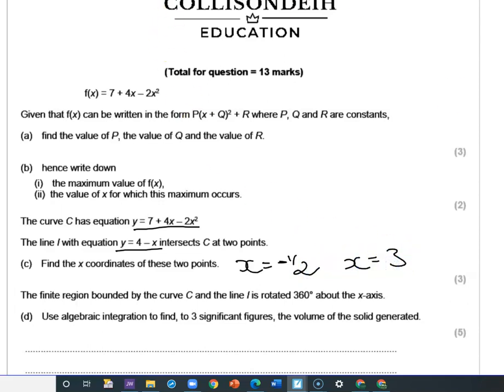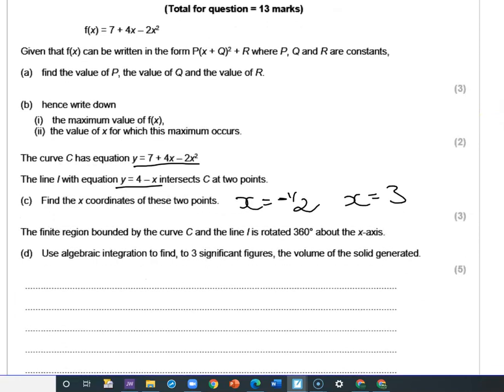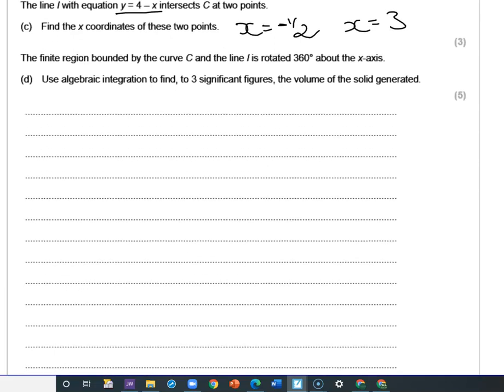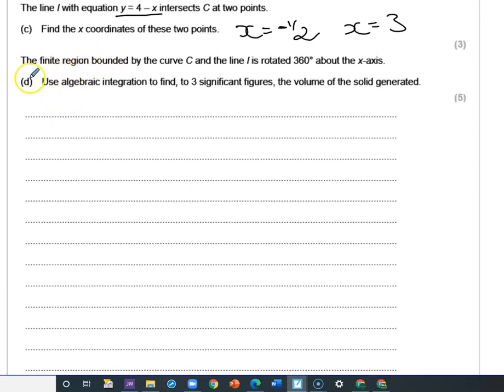Now, something special is happening in part D of this question, which is what this video is going to focus on. We are meant to work out the finite region bounded by the curve C and the straight line when they're rotated through 360 degrees about the x-axis.